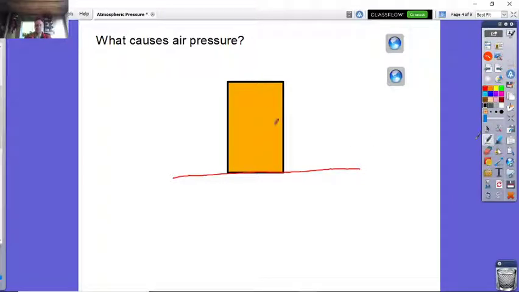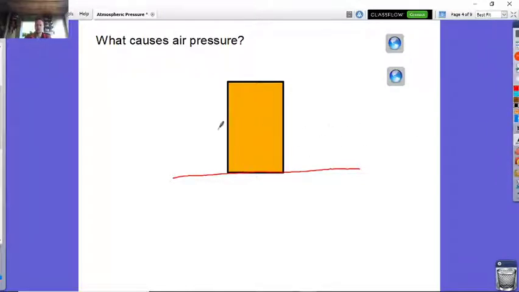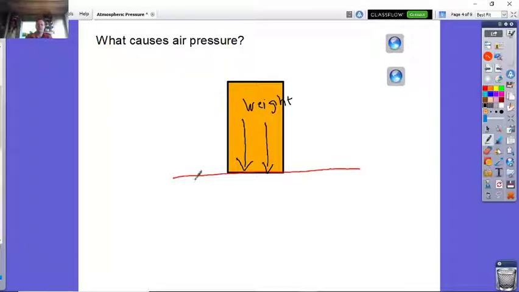You've got water inside here, and that water inside is going to create a force going downwards, and it's going to be the weight of the water, all due to gravity. Now, that acts down. It then makes sense that you must have a force acting upwards, and that force must balance the force downwards, otherwise the water would fall out. Now, this is created on the bottom from atmospheric pressure.